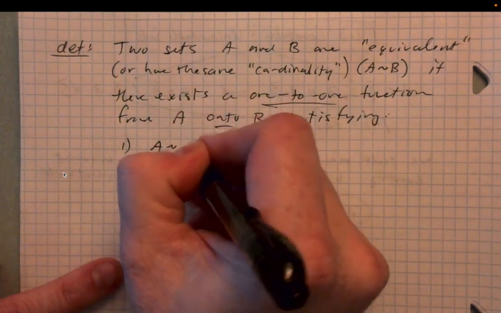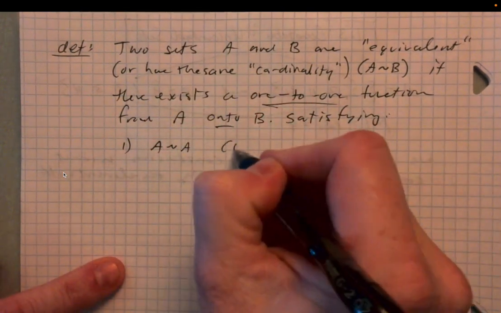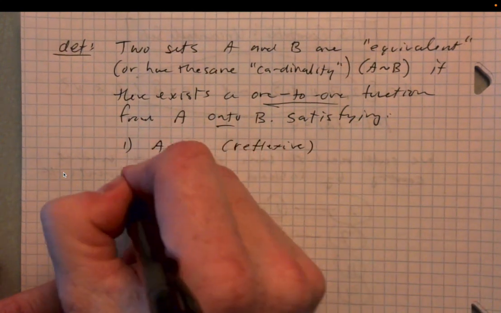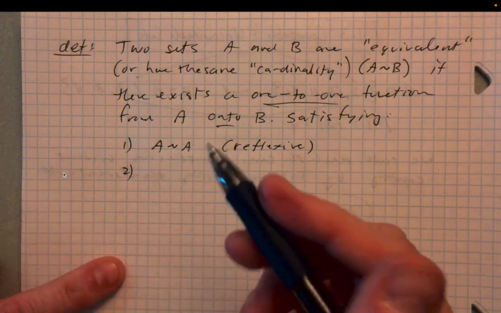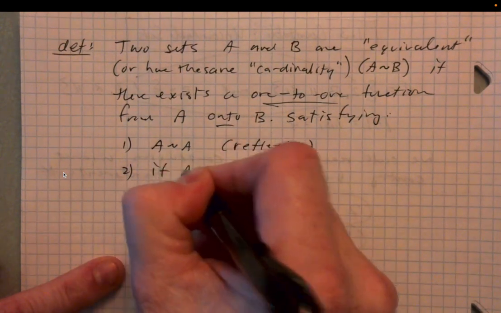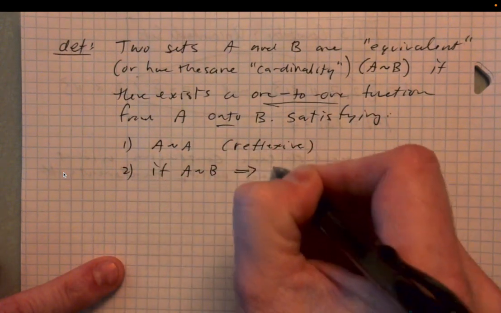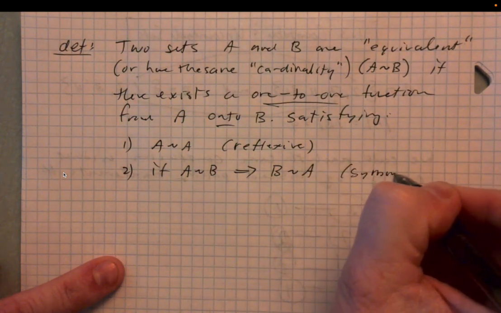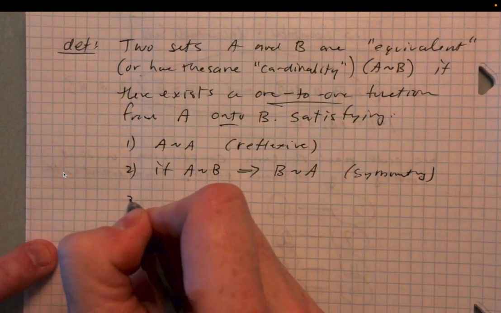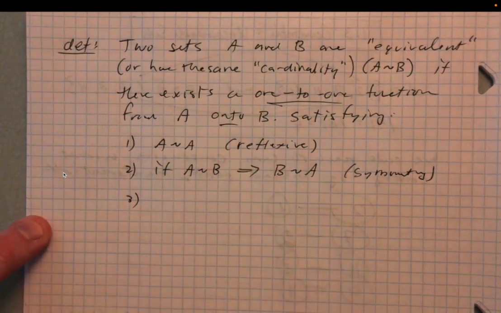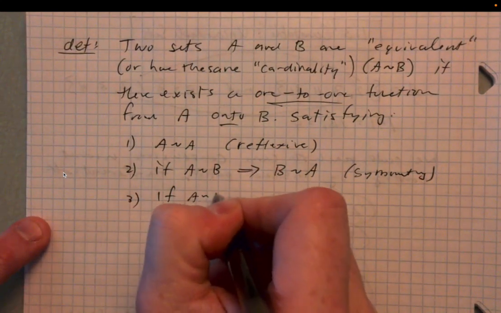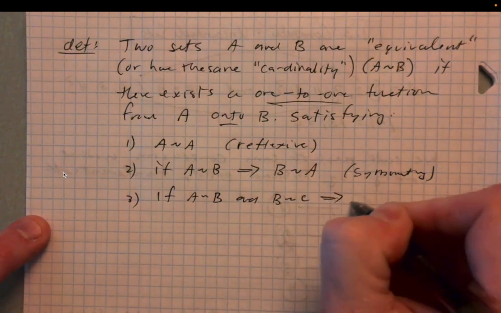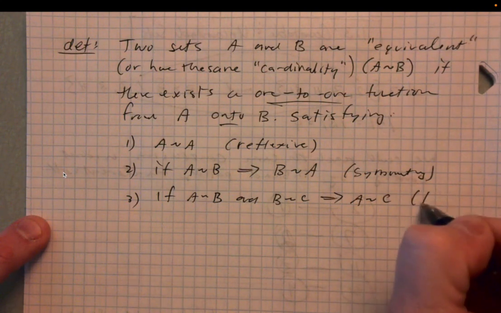First, A is equivalent to A, so the equivalence has to be reflexive. We need symmetry as well: if A is equivalent to B, then B is equivalent to A. And thirdly, transitivity: if A is equivalent to B and B is equivalent to C, then A must be equivalent to C.